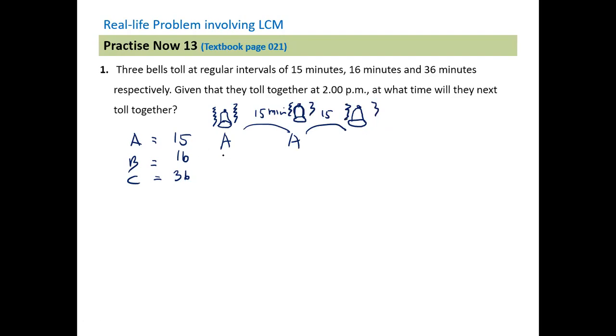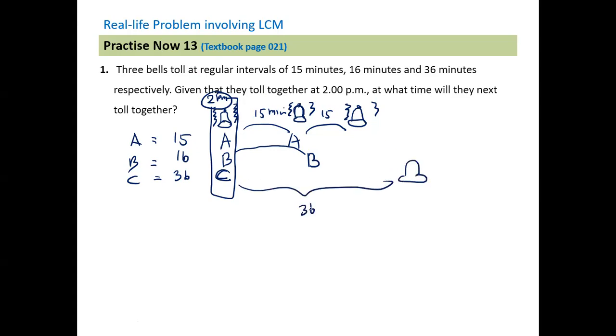But bell B rings, and 16 minutes later it's about here, a bit to the right. It's troublesome to draw it like this. The question is, given that they toll together at 2 p.m., all three bells ring at the same time. Then C rings at 36 minutes.